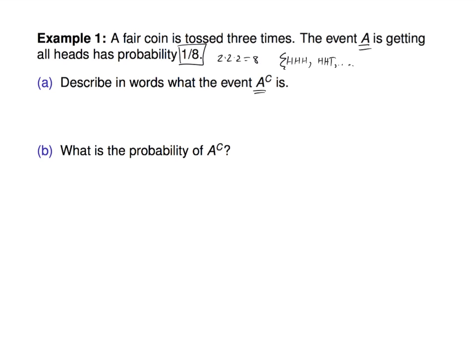So what is A complement then? If A is getting all heads, A complement is not getting all heads. Does that make sense? Just the opposite exactly. Or you could say having at least one tail, or one flip that is a tail. Does that make sense?